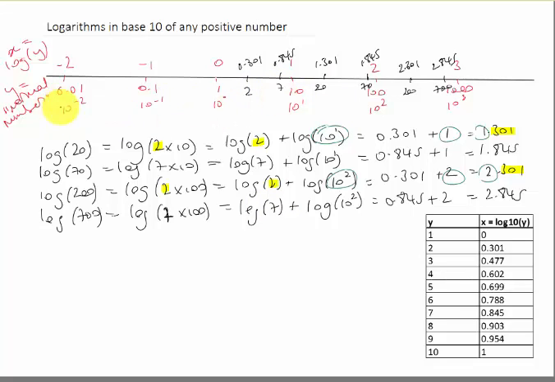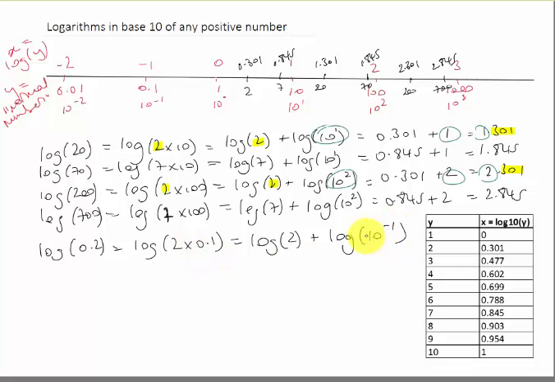Now how about these numbers that are smaller than 1? Numbers that are smaller than 1 have negative logarithms, but it's just the same principles. Here we've got logarithm of, let's say, 0.2, so that's the log of 2 times 0.1, so that is the log of 2 plus the log of 10 to the minus 1. 0.1 is 10 to the minus 1.